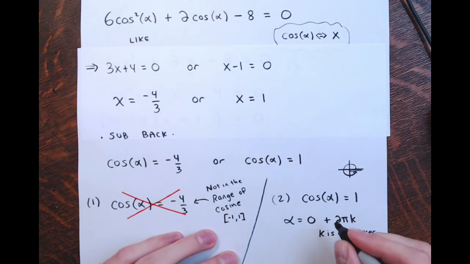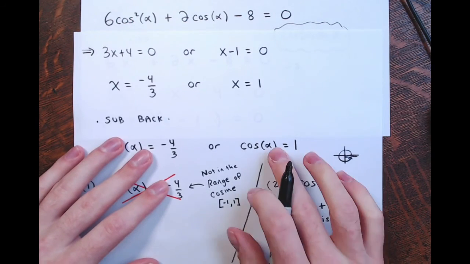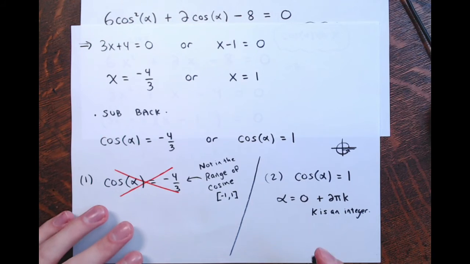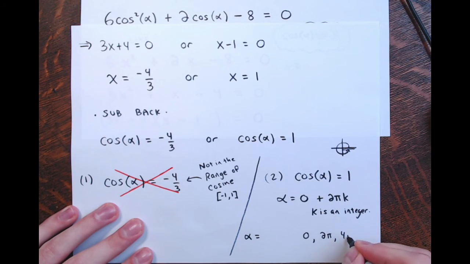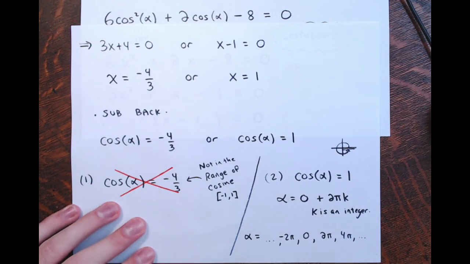So I am getting solutions to the equation from this second one. And from this, we see that alpha could be 0, and just keep adding or subtracting 2 pi. Alpha could be 2 pi, 4 pi, and so on. Could be -2 pi, -4 pi, and so on.